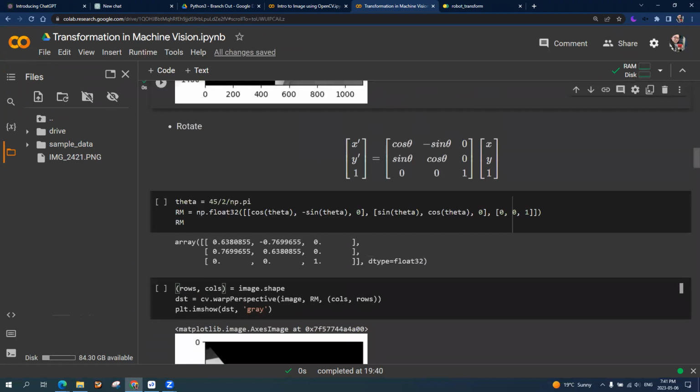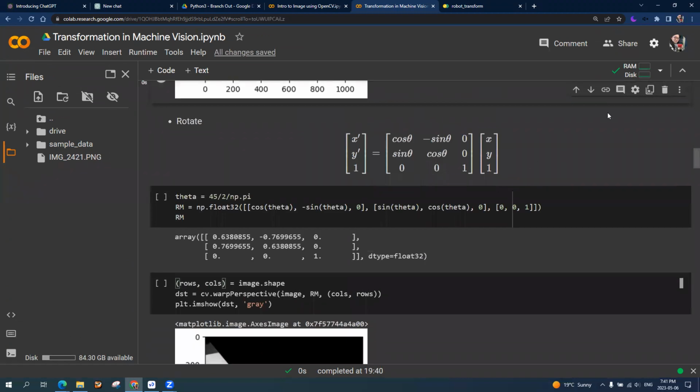Next, rotation matrix. That's what we showed last class. What we showed last class is this 2x2 matrix, right? As you can see, when this 2x2 matrix sits in a more generic formula, it sits in this location: the first row and the first two columns.